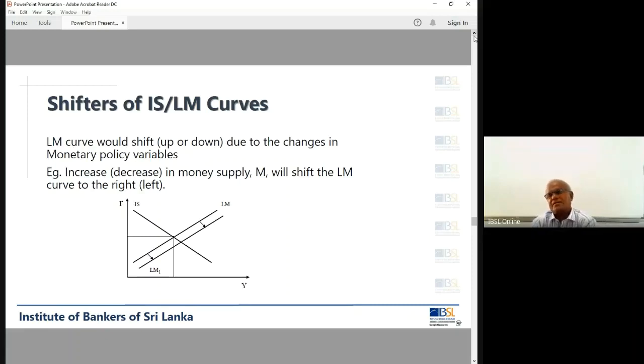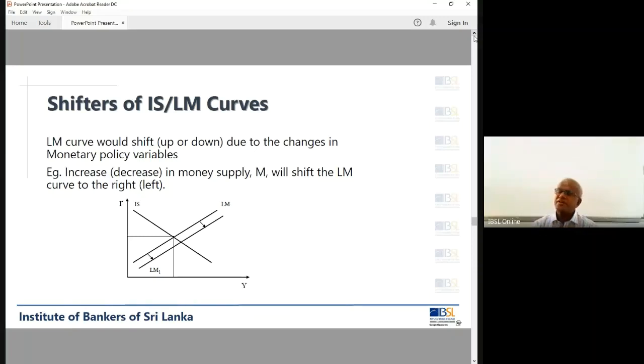Now, in the last few months, the central bank reduced the reserve ratio, bank rate, and deposit rate. This is an expansionary monetary policy, reducing interest rates to increase the money supply in the economy. When the money supply increases, the interest rate decreases. That is the idea.